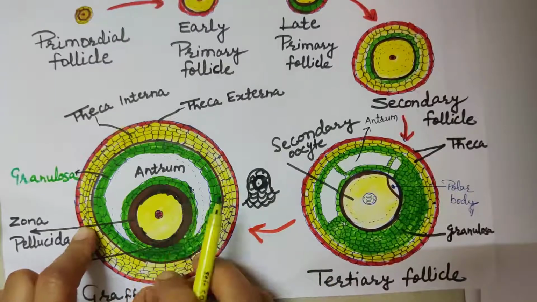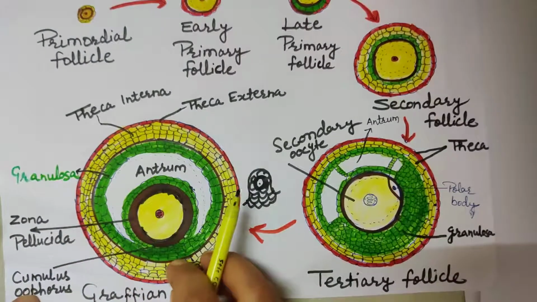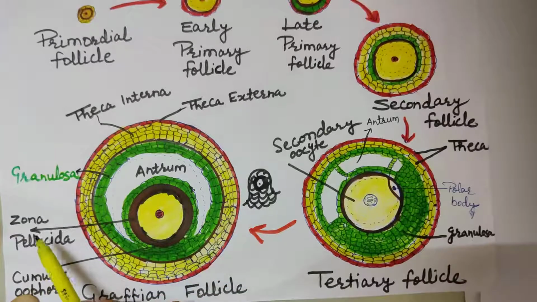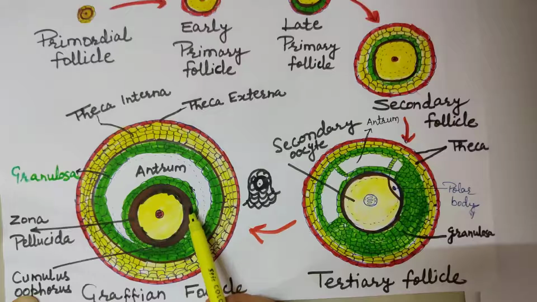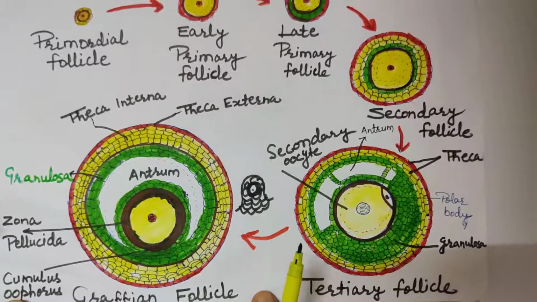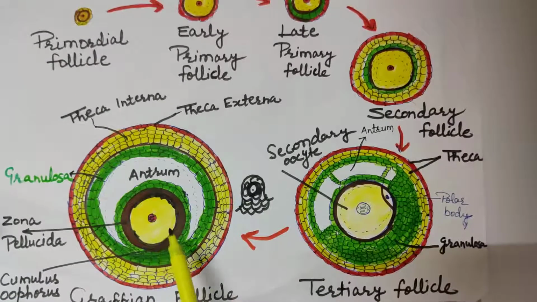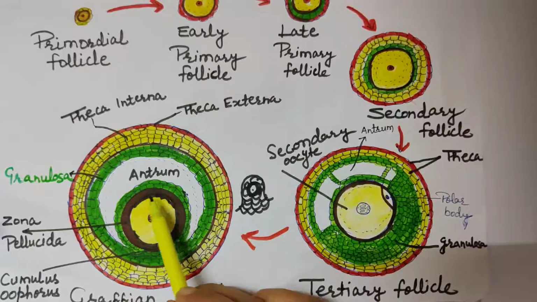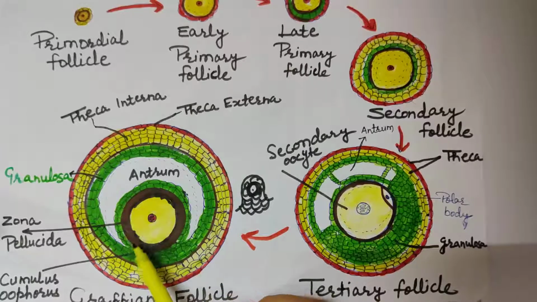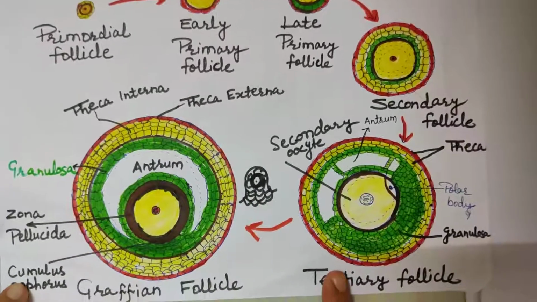We call that zona pellucida. It is considered that it is made by contribution of oocyte and granulosa cells. Okay, so the secondary oocyte is covered by zona pellucida, then corona radiata, and the complete structure is showing Graafian follicle.